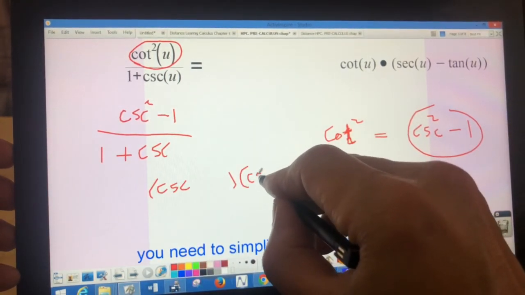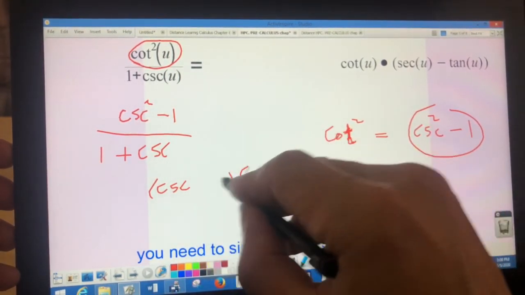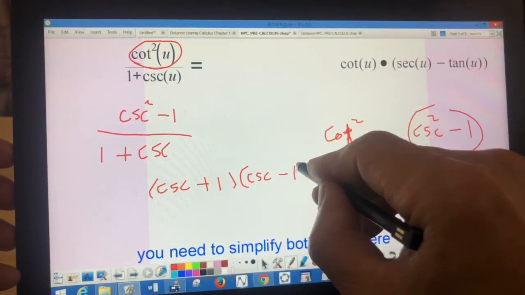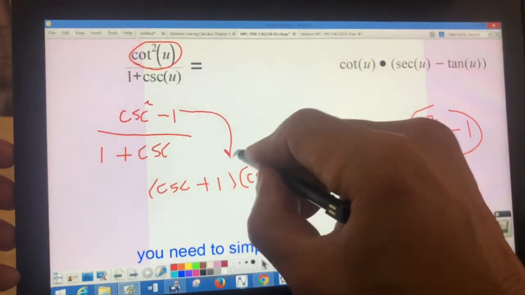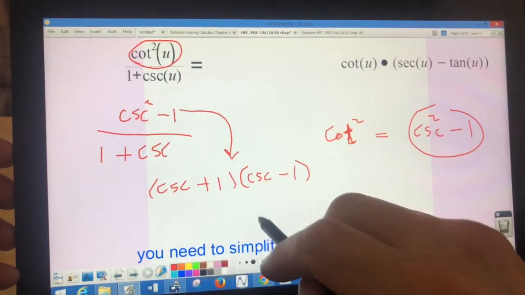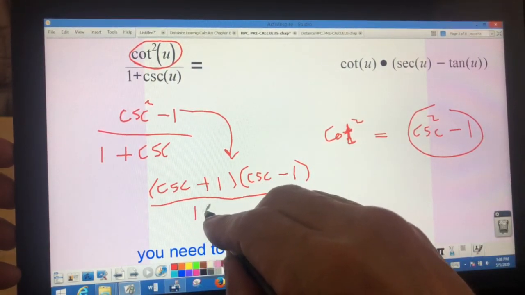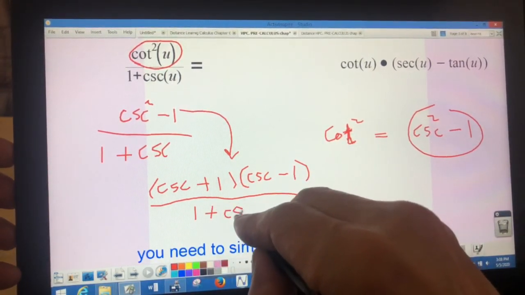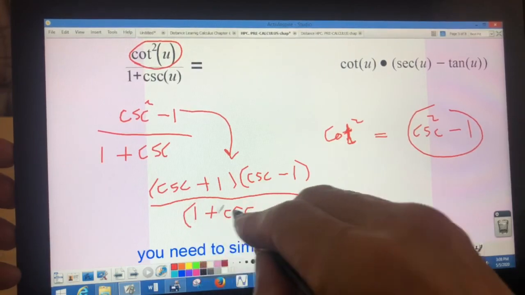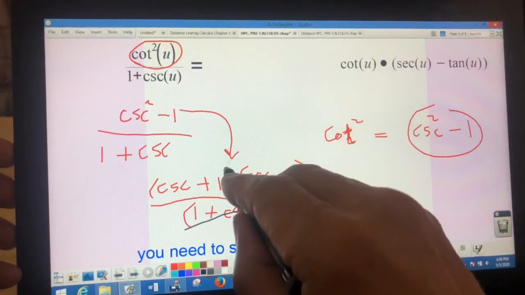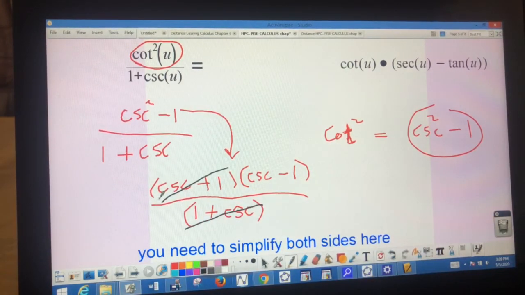So here would be cosecant of the first power plus 1, and cosecant minus 1. So again, that's the breakup for that cosecant square minus 1. And underneath there, you got 1 plus cosecant. So now these two are exactly the same term, so you can simplify it.